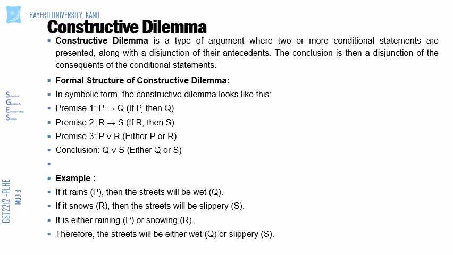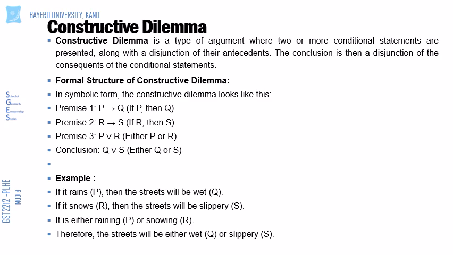We have another rule of inference. We call it constructive dilemma. It's a type of argument where two or more conditional statements are presented with another additional statement, along with a disjunction of the antecedents.